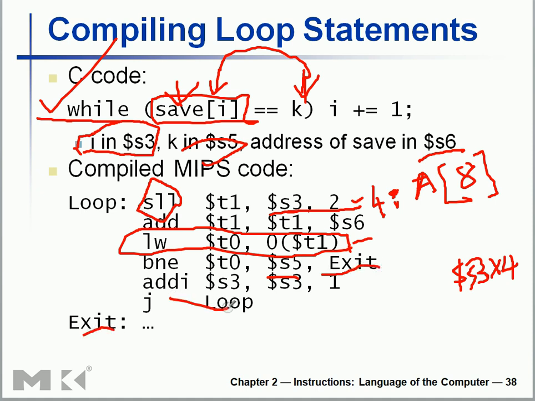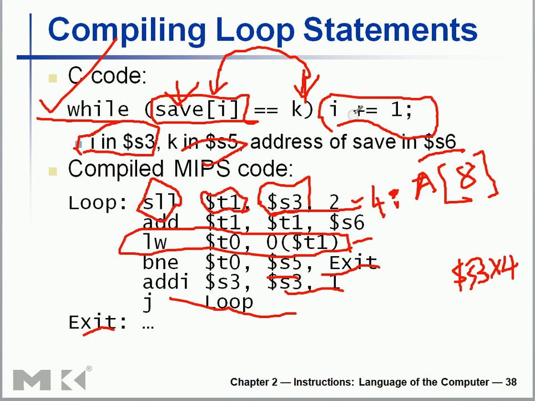Otherwise, add S3 plus 1, which is i plus 1. We already did this over here. S3 plus 1. And notice that we didn't change i. i is S3. So don't think that we multiplied 4 to i. We multiplied 4 to i, but we didn't replace i. We used a temporary variable to keep the value.